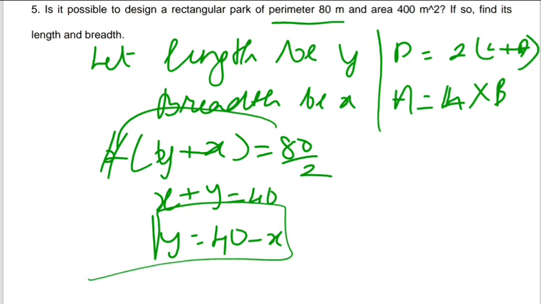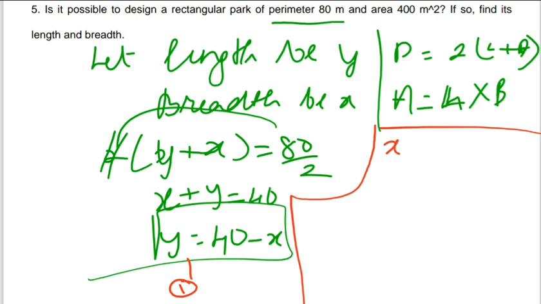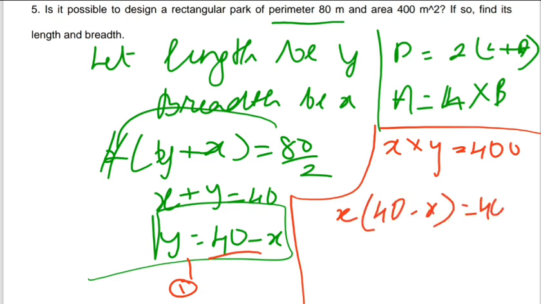Let's do the next one. They are saying that the area is 400 meter square. That is length into breadth, x into y is 400. We knew the value of y, that is 40 minus x. So x into (40 minus x) is equal to 400. Multiplying, 40x minus x square is equal to 400.